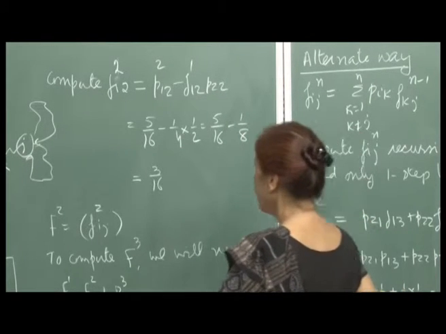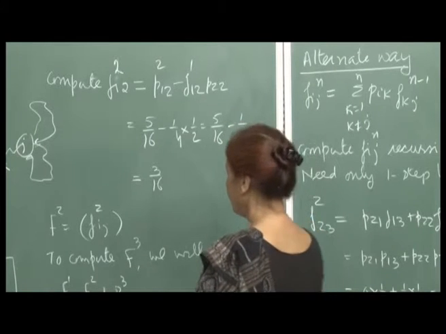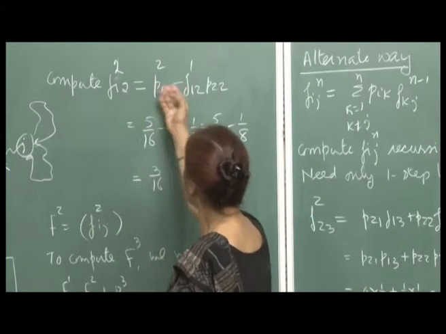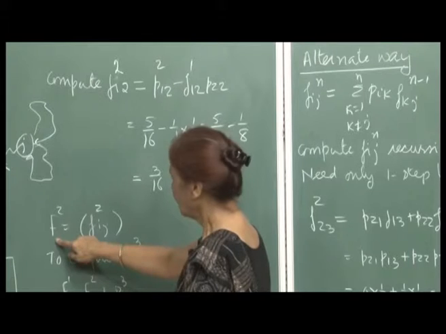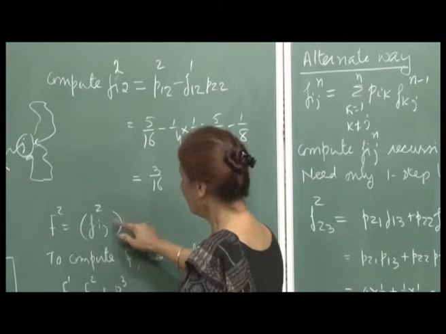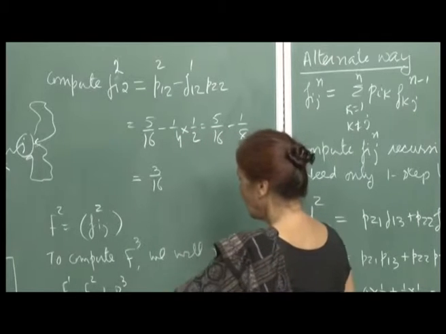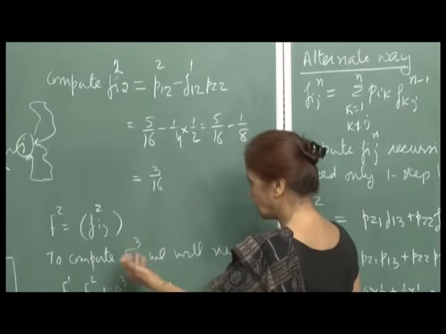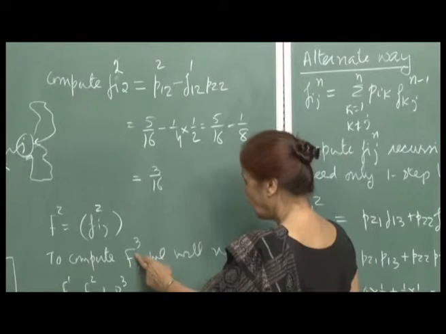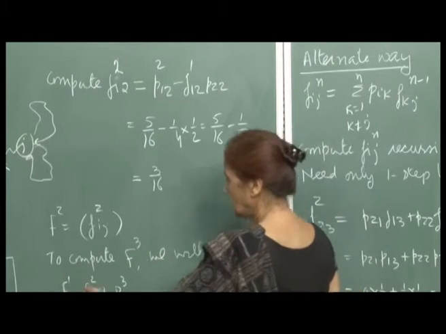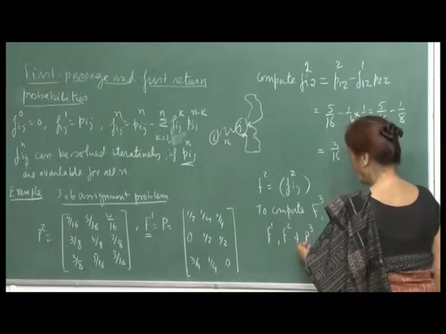Now using this formula you can compute the matrix F2. You have to compute all 2 step transition probabilities before you can compute the 3 step first passage transition probabilities, and for computing F3 you would need F1, F2 and P3 also.